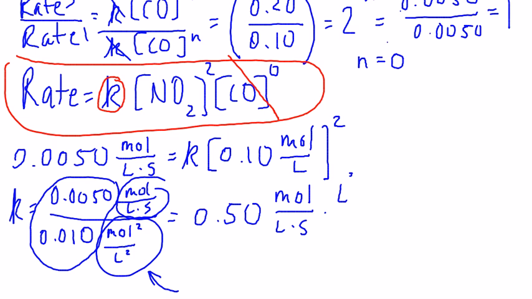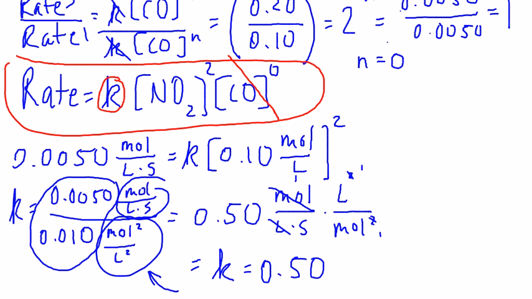So liters squared, not times anything, liters squared divided by moles squared. This, of course, reduces to moles to the 1 on the bottom and liters to the 1 on top. So my final value for K is equal to 0.50 liters per mole times seconds.